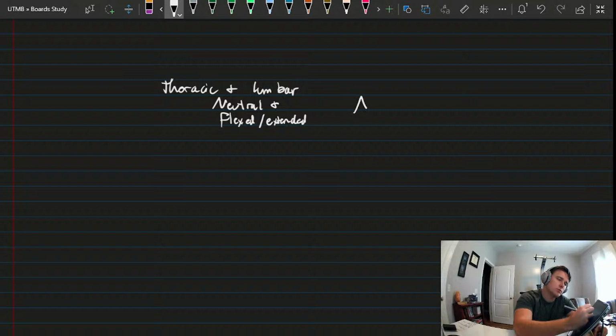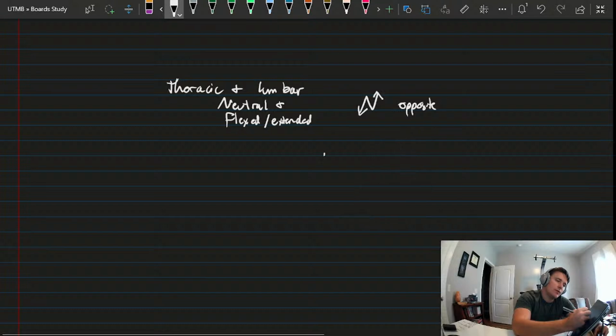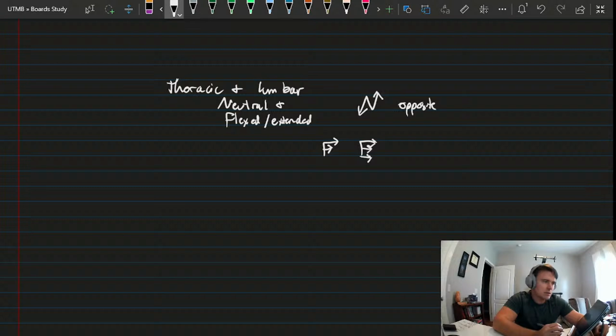So with neutral, I saw this diagram a couple years ago and it works out real well. So neutral, it's going to be opposite. That's with the thoracic and lumbar. So if they side bend to the right, they're going to rotate to the left. Same thing. Side bend to the left, going to rotate to the right in neutral. But if they have a flexed spine, you've got flexed, which is the same, and extended, which is the same. And there was a couple of questions on that through my practice tests.